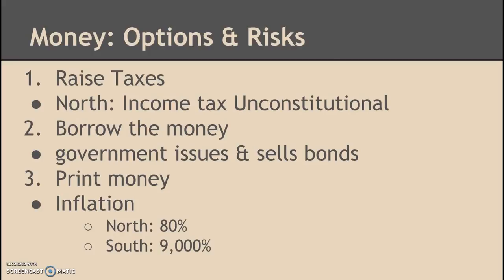Last but not least, both sides are going to print paper money, which is also known as greenbacks in the North due to the green ink. That's why today our money is often referred to as a greenback. Printing money is going to cause inflation in both the North and the South, and it is going to be far worse in the South.